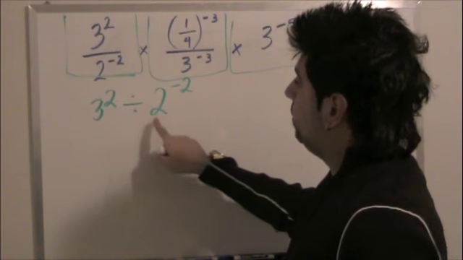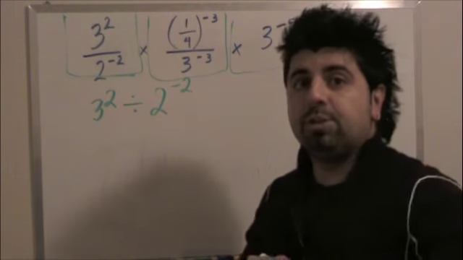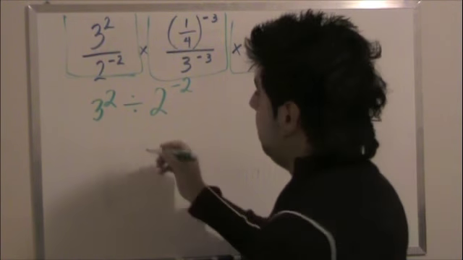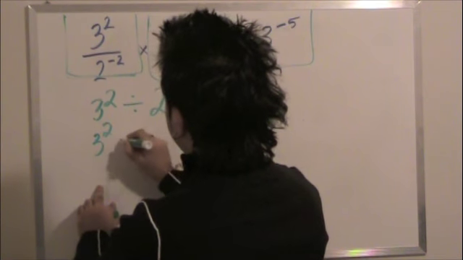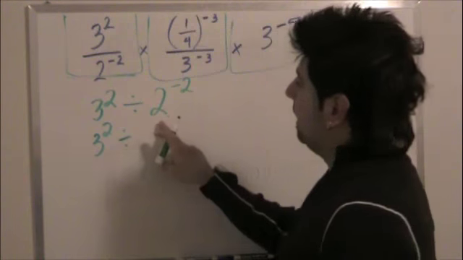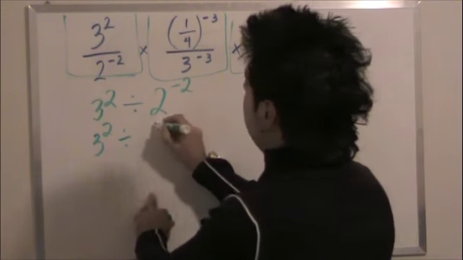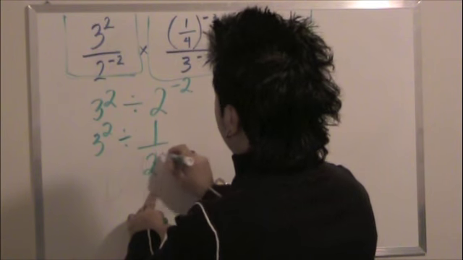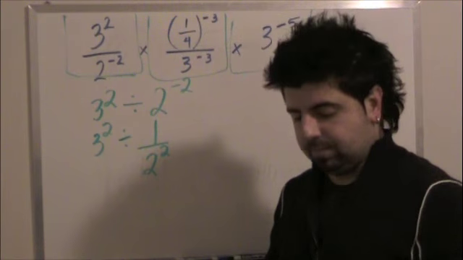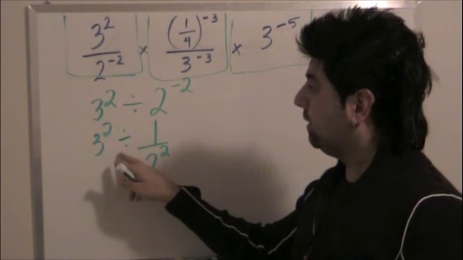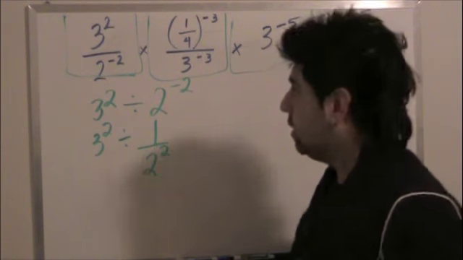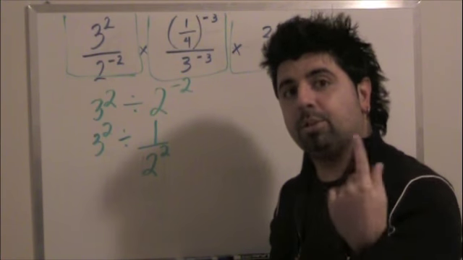So I'm going to use the rule I said about the negative exponent, and I'm going to have 3 to the power of 2 divided by, we're going to convert 2 to the power of negative 2 to 1 over 2 to the power of 2. The other rule now, when we're dividing by a fraction, we always multiply by the reciprocal.